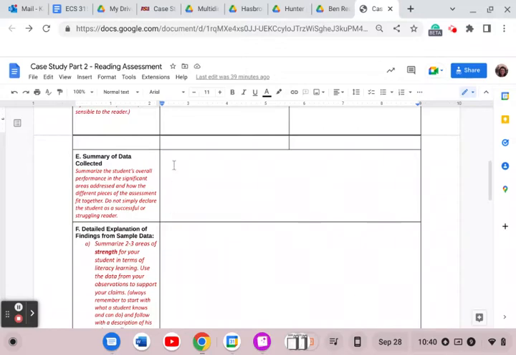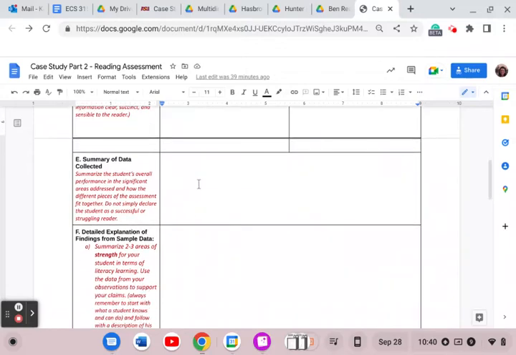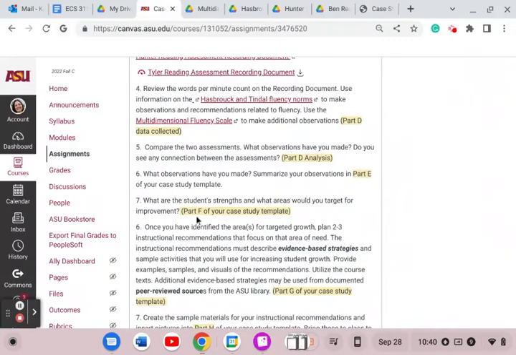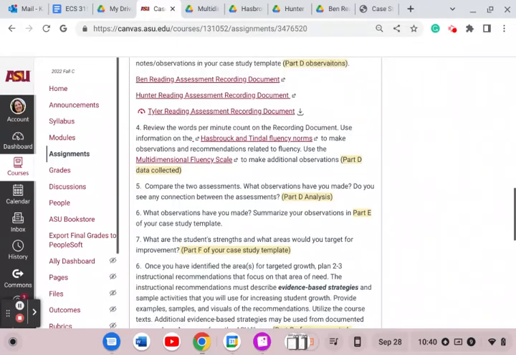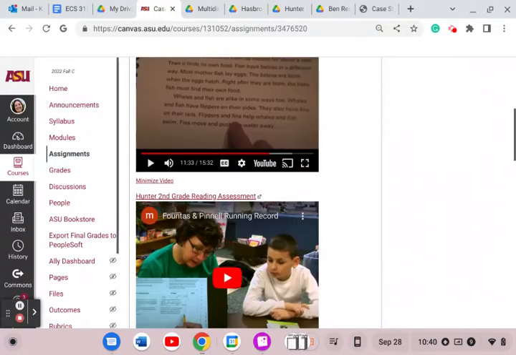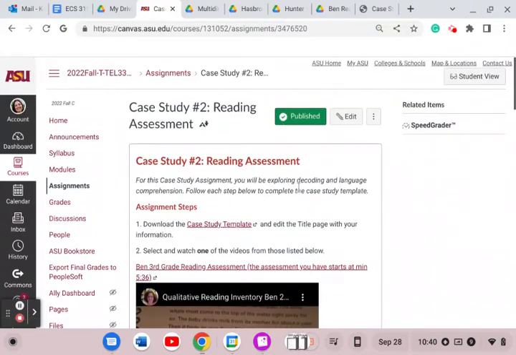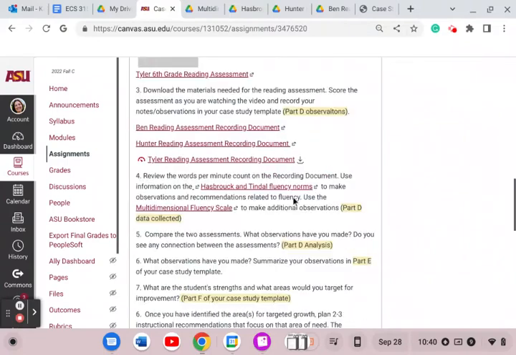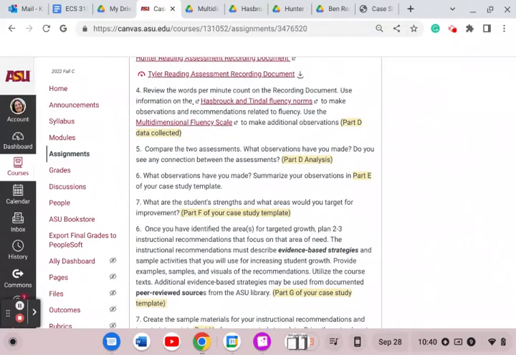So you're going to summarize all of that information. And then part F is where you think of the student's strengths and areas for improvement. So what are they doing well? And then in this idea of, remember, we're looking at decoding and language comprehension, where do they need some help? Where do they need some improvements?